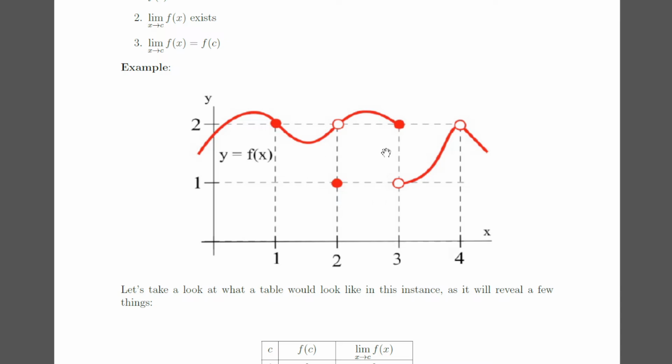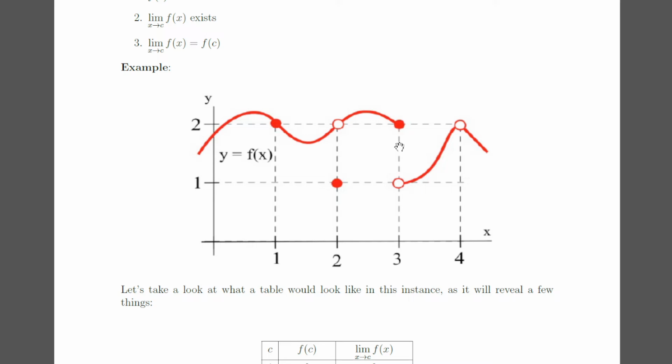Let me click here. There we go. So at 2, you can see that the function is equal to 1. However, the limit is going to be 2. Because the limit and the function evaluated at 2 aren't the same thing, that's the very definition of what it means to be discontinuous. So the function is continuous at 1, discontinuous at 2.